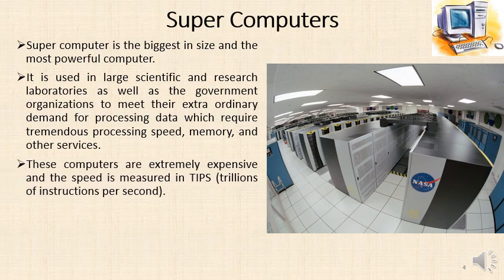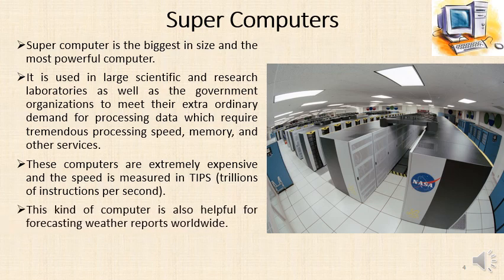These computers are extremely expensive, and the speed is measured in TIPS. TIPS stands for trillions of instructions per second, meaning that supercomputers are able to process trillions of instructions per second.